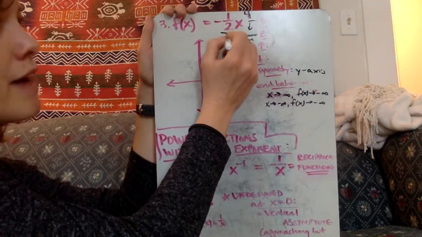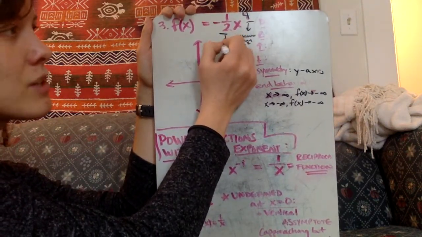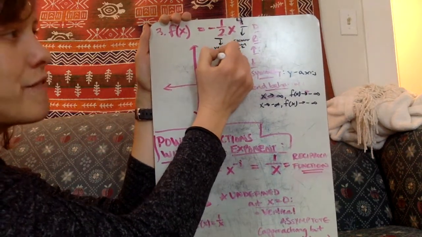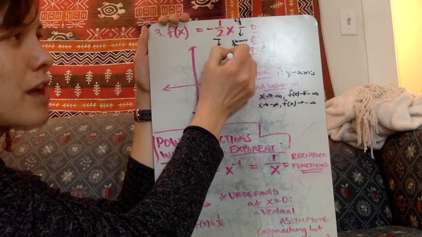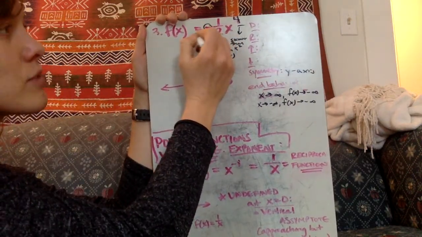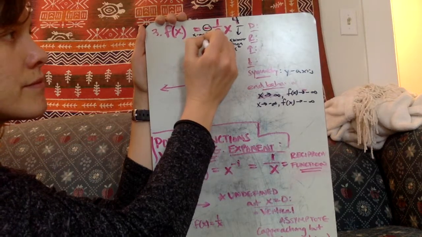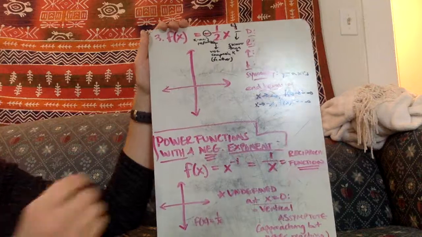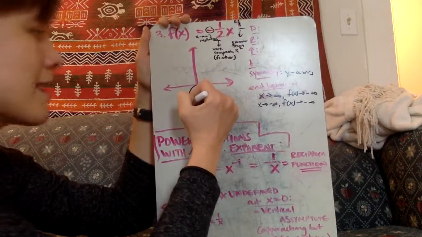I also have a vertical compression. So this is going to be making it flatter, but not by too much. And then I have an x-axis reflection here. So I'm reflecting it over the x-axis. So it's going to look something like this.